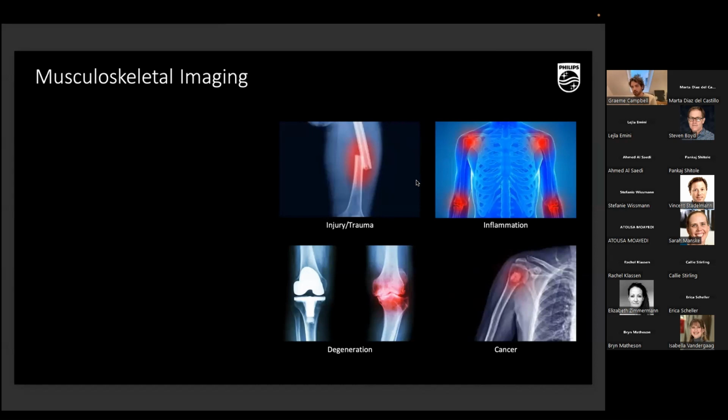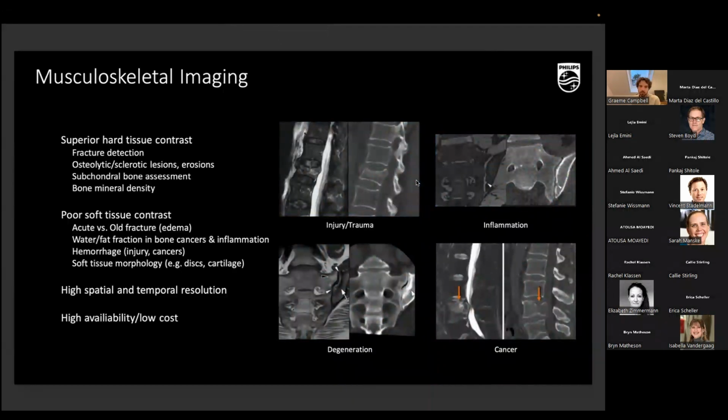Depending on what the problem is and what's available, different modalities will be used, and often a combination of them. If we talk about injury or trauma, I talked already about fractures, we can see very detailed images of the fractures with CT, but of course we don't see the edema.